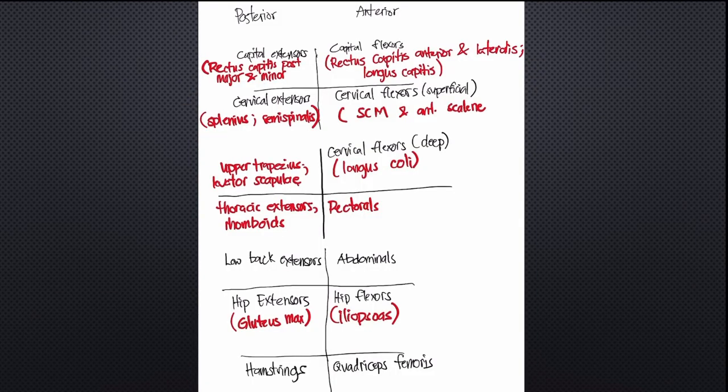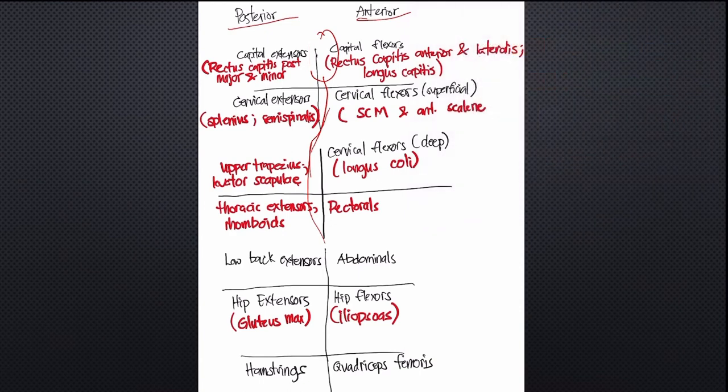Just imagine this. The patient is standing. This is the anterior portion, this is the posterior, and this is the head and the neck. When you say upper and lower crossed syndrome, the concept is that if a region is weak, the region opposite to it, lower, is also weak.